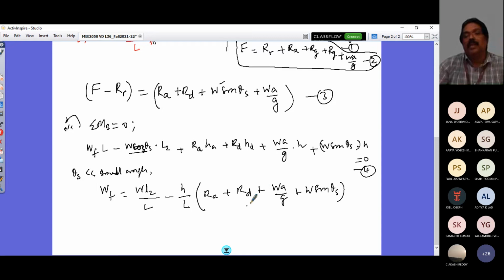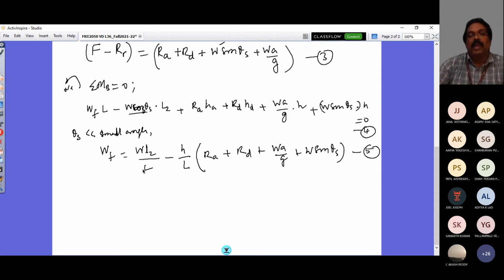Look at the same term, I have it here. Let's call this equation 5. Similarly, from WL2 by L, I am subtracting this factor, the summation of these forces multiplied by the factor H by L. That much part is what is removed.